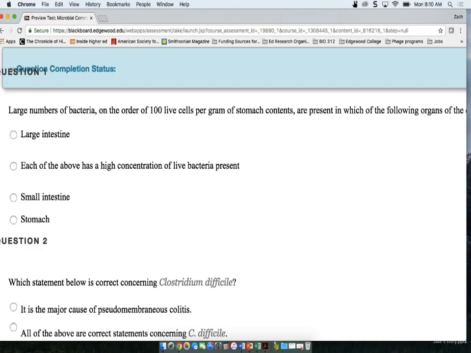I talked about in the video how Helicobacter survives that acidic pH by secreting bicarbonate, which neutralizes the pH in its general vicinity. That allows this organism to create the ulcers that we associate with stomach ulcerations.